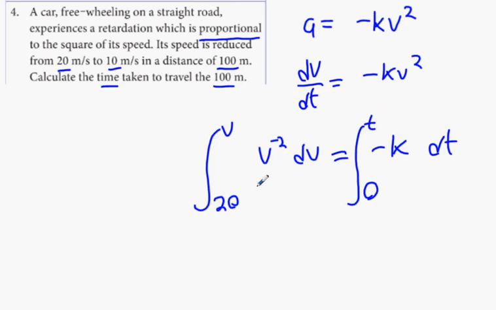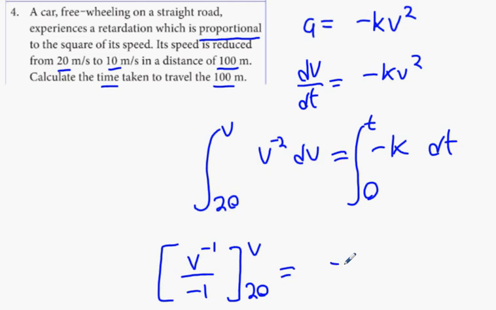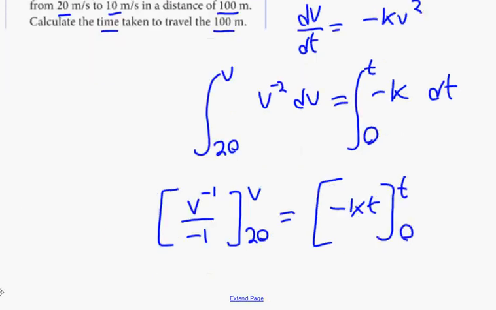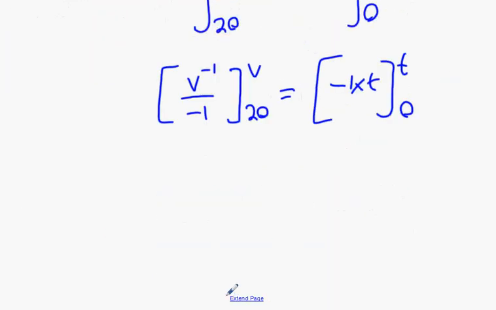It's going to be v to the minus 1 all over minus 1 from v to 20. This is going to be minus kt from t to 0. And then what we're going to get here, guys, is minus 1 over v, because v to the minus 1 all over minus 1 is basically the same thing as minus 1 over v. And then that's minus 1 over v minus minus 1 over 20.